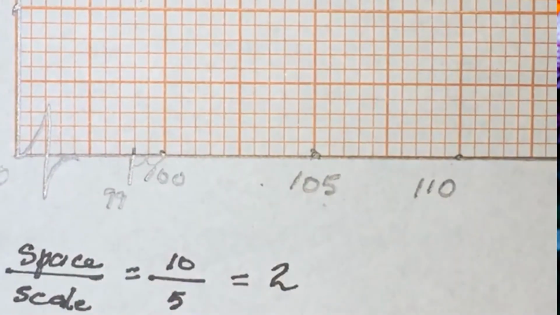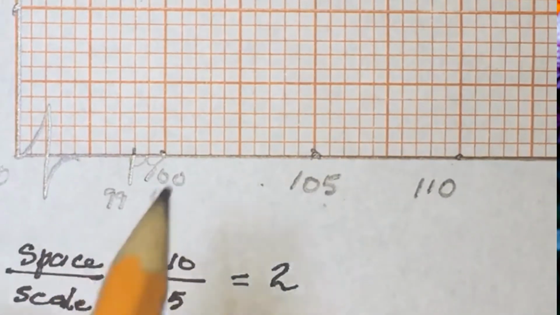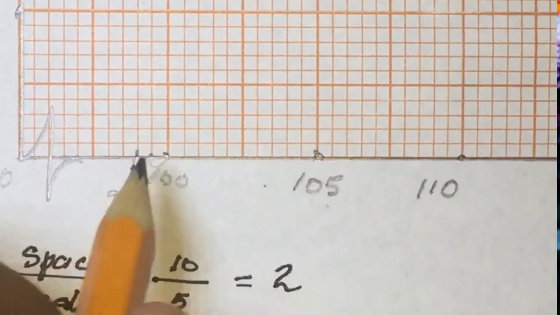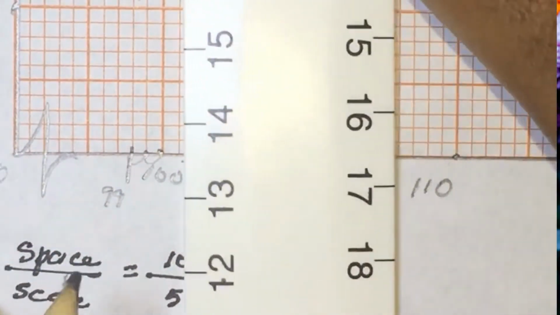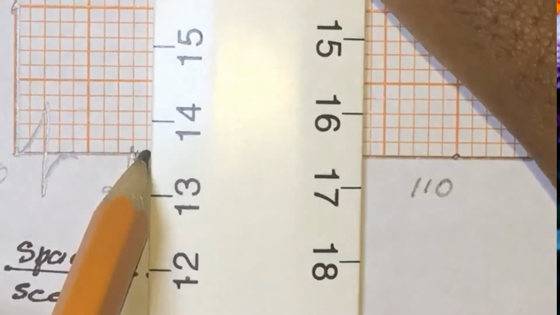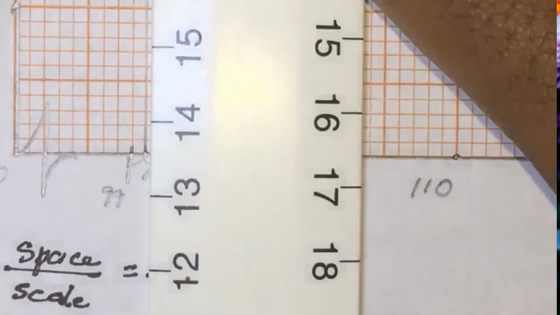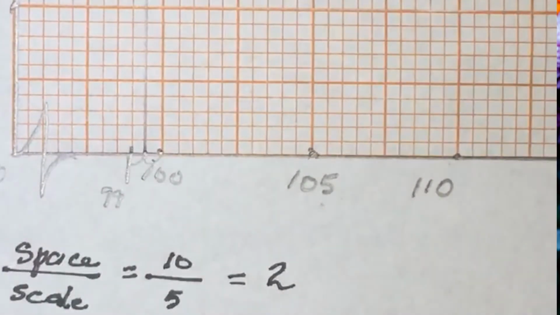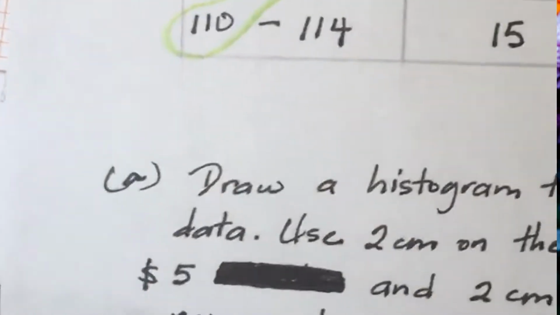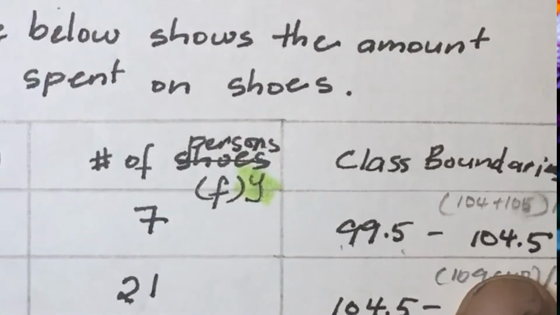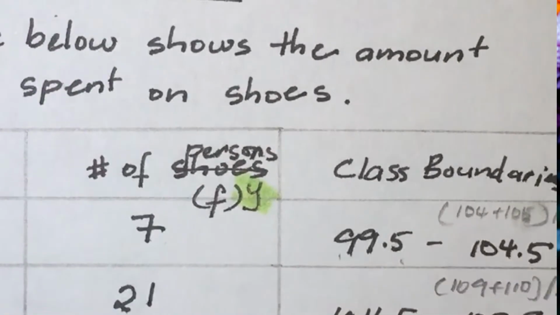We don't want 99, we want halfway between 99 and 100, which is 99.5. So my 99.5 will be right here. So I'm going to draw a line, going straight up.